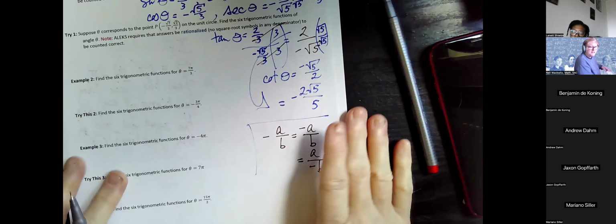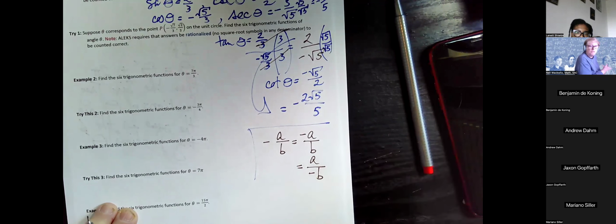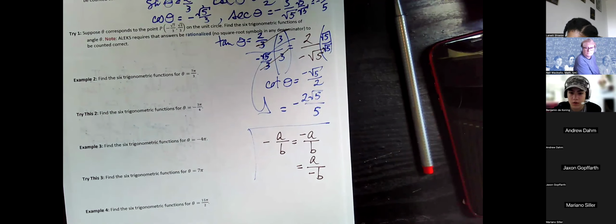Okay, so we said that 7 pi over 3 was a pi over 3 angle, and it's in quadrant... What do we add or subtract if we have a pi over 3 angle?